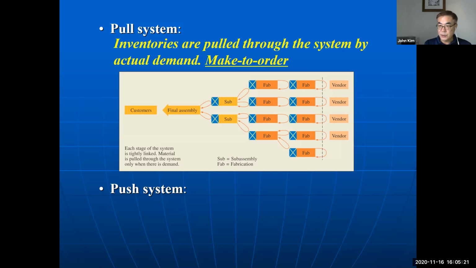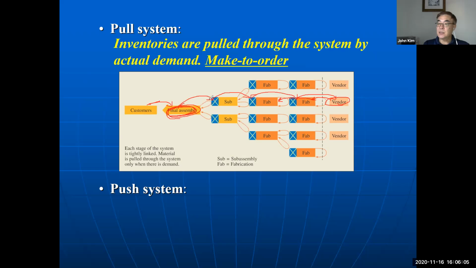When a customer place order, then this final assembly station or department doesn't have a final product. So ask product, and then ask part, and ask part, ask part. Then supplier send part like this.